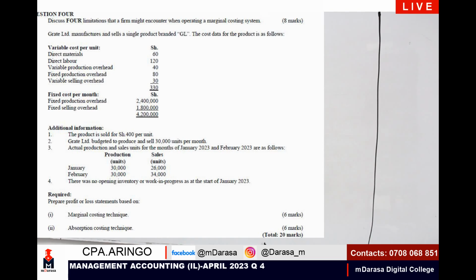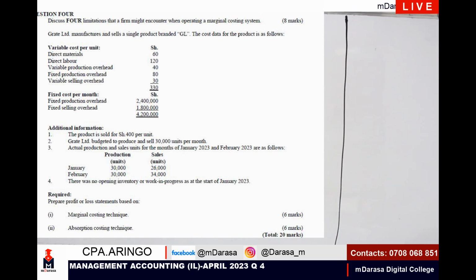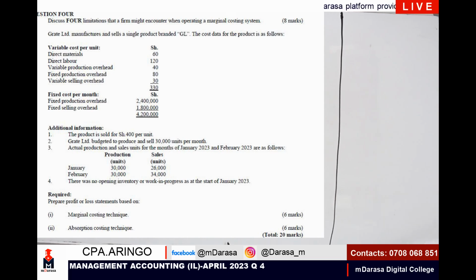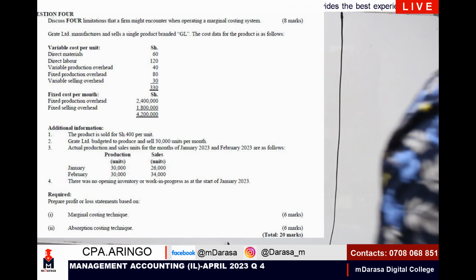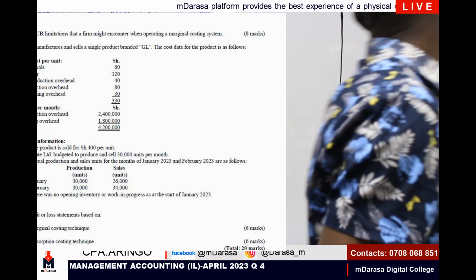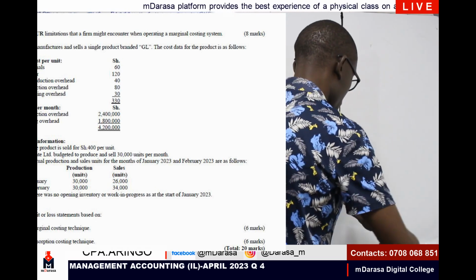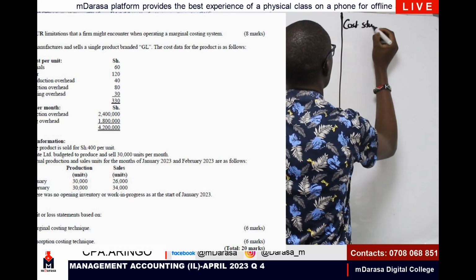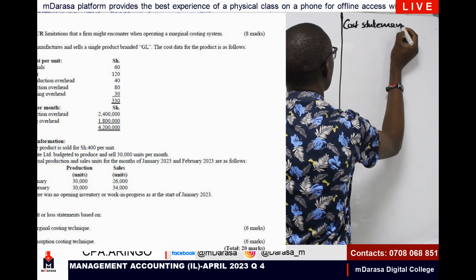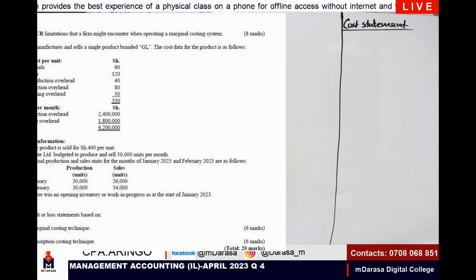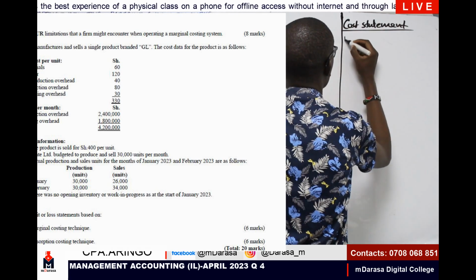I want us to prepare our product cost statement, okay? We start with marginal.